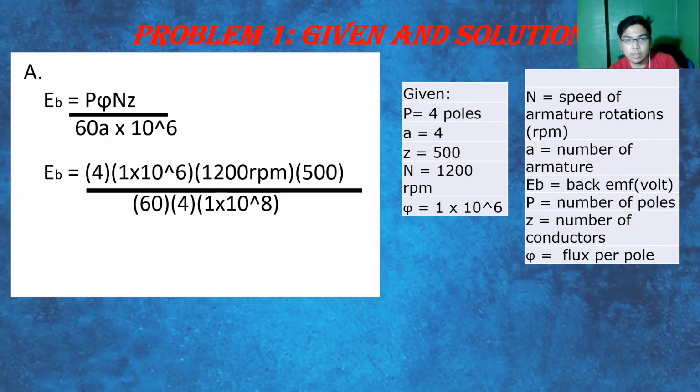P is 4, the flux is 1 times 10 raised to 6, N is 1,200 RPM, and the number of conductors Z is 500, then 60 over 4, which is A, then times 10 raised to 6. Then, when we put it in the calculator, we get 100 volts for the back EMF.